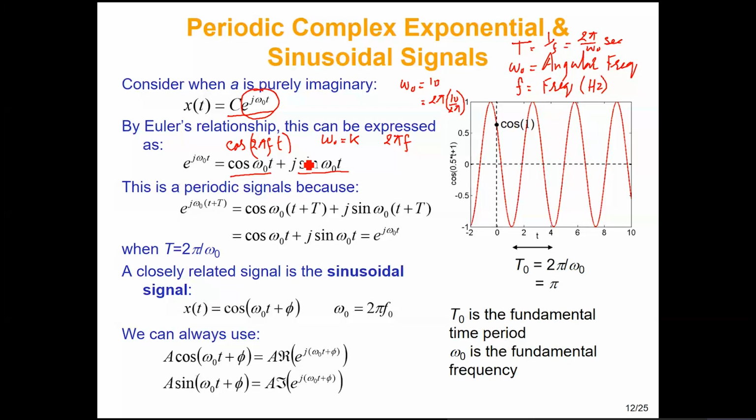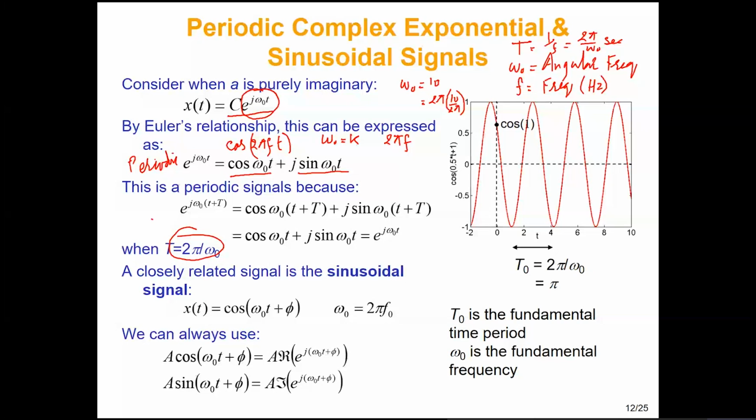Because both the real part and imaginary part are periodic, this e raised to the power of j omega naught t, the complex exponent, is also going to be a periodic signal. And the time period we can find out, it is going to be T, and T will be equal to 2 pi over omega naught, right? So these are a few things about the complex exponent. I mentioned these things earlier also, so this was more of a repetition of the same things.